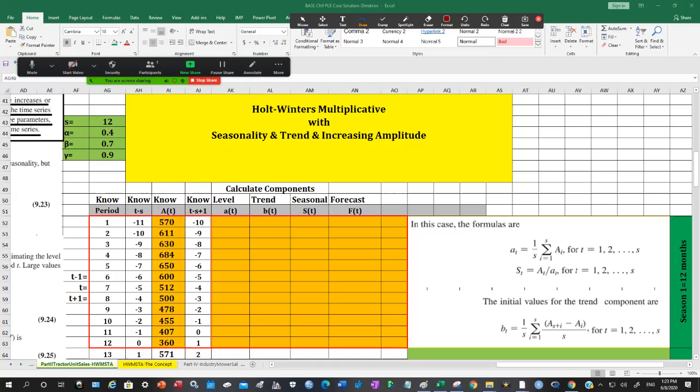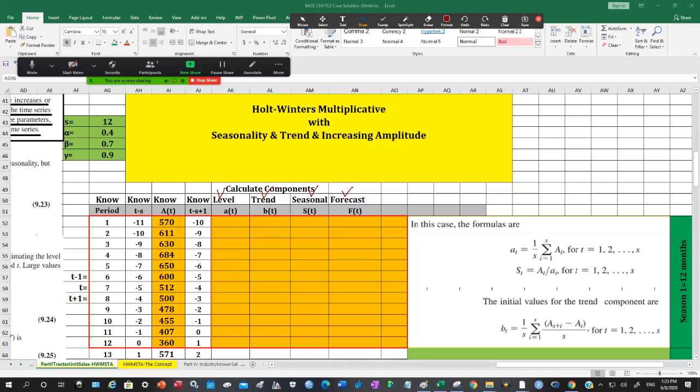The columns that I want to calculate are the level component, the trend component, the seasonal component, and the forecast. The forecast is not a component, it's just forecast. But in the orange region, we will do a lot of initializing.